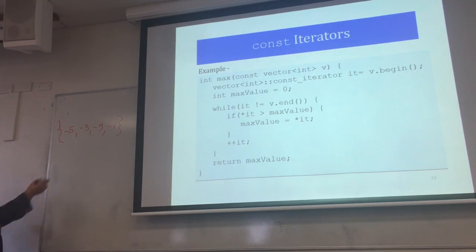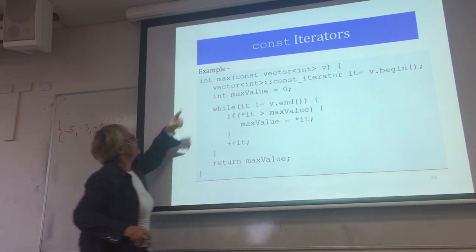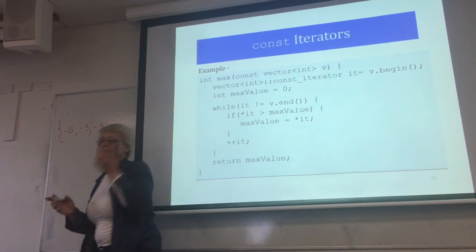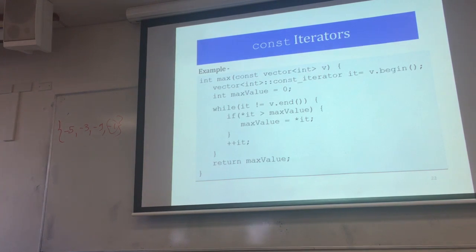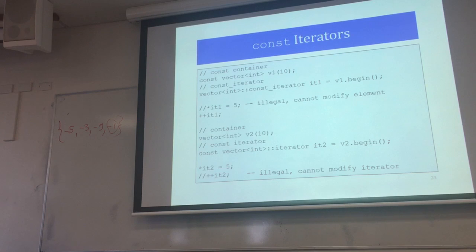The maximum would be -1. Setting max value to this dereference IT and then doing it like this, it's okay. And it will give you the correct value. Right. But you have seen an example of how to use constant iterator and why they are needed.